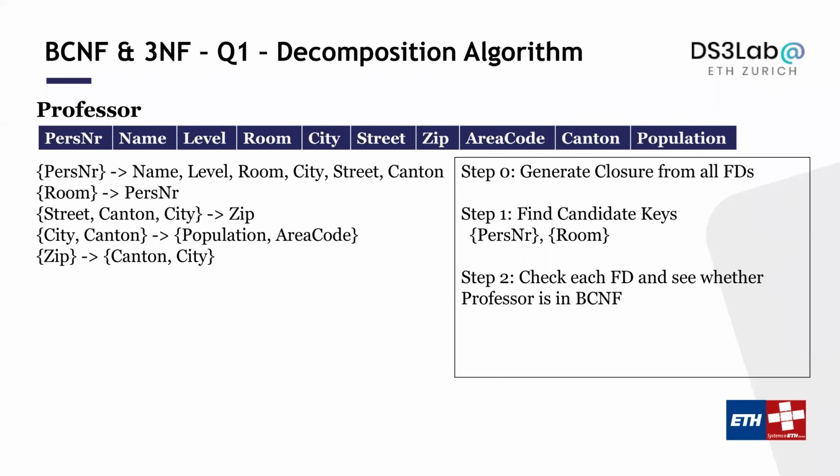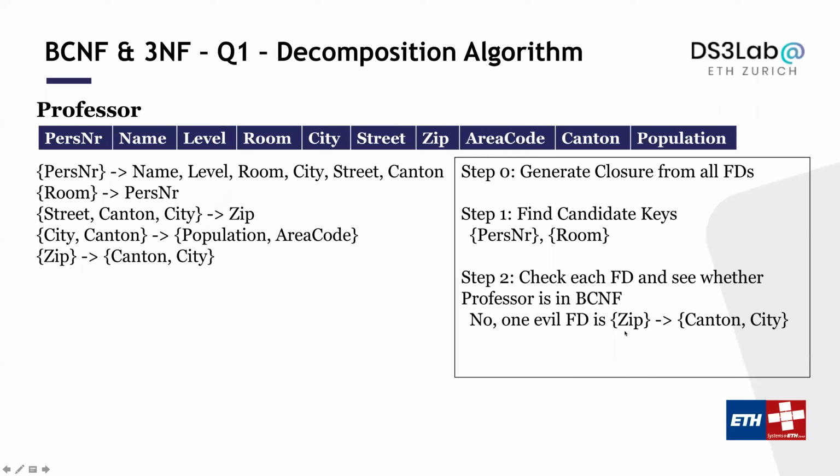And then we check each functional dependency and see whether it is in BCNF. If it's not in BCNF, we find our evil functional dependency that we can use to do decomposition. In this case, there are so many different functional dependencies that break that, but we can take one, which is the one from zip code to canton and city.